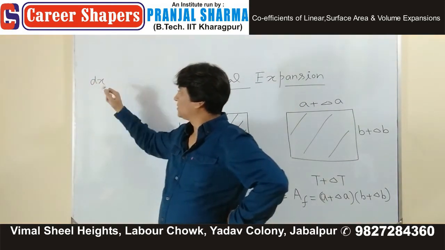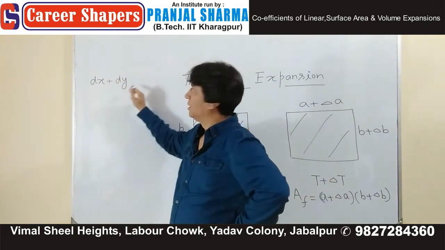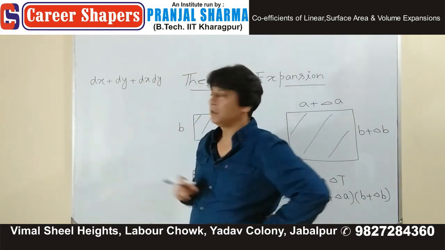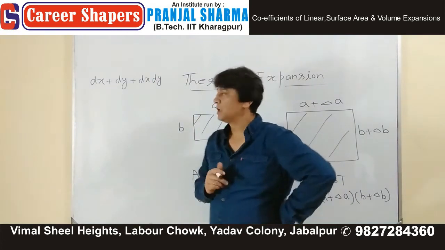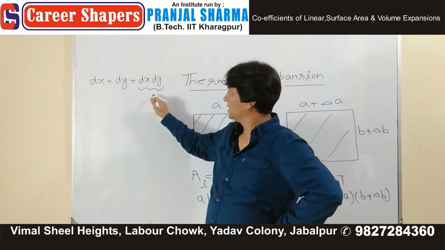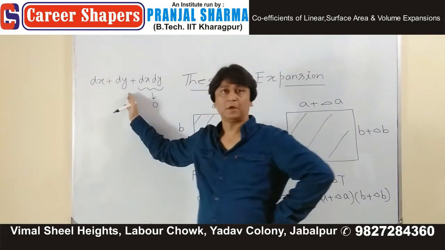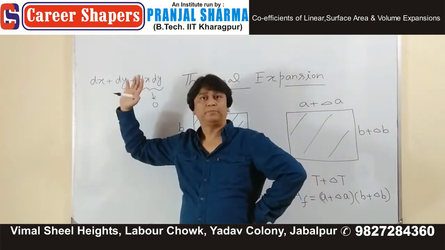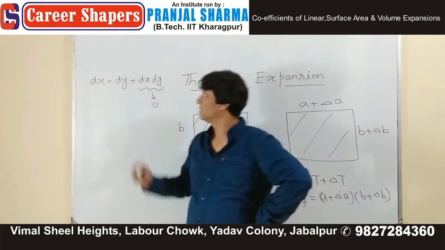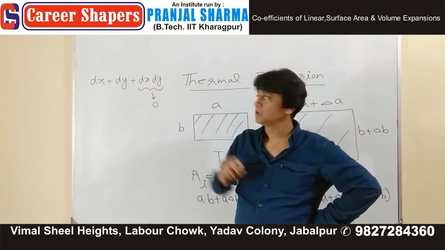If you have something like dx plus dy plus dx multiplied by dy, then we say that this term is almost zero as compared to these two. dx is already very small, dy is also a very small number, and if you multiply dx and dy, then this thing becomes much smaller.